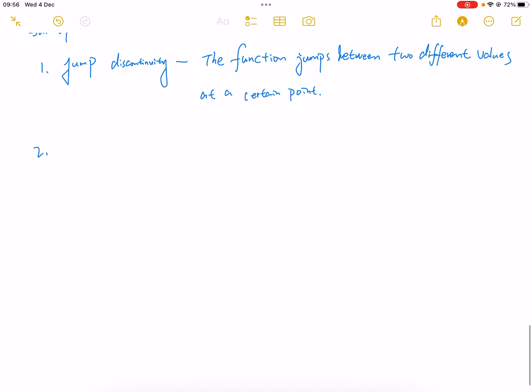And the second is infinite discontinuity. The function approaches infinity or negative infinity as it approaches a point.